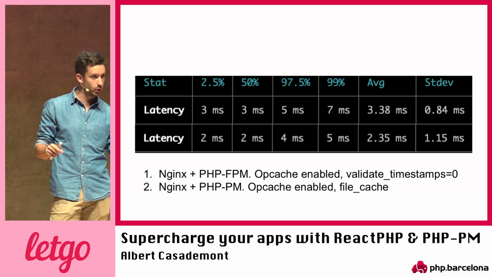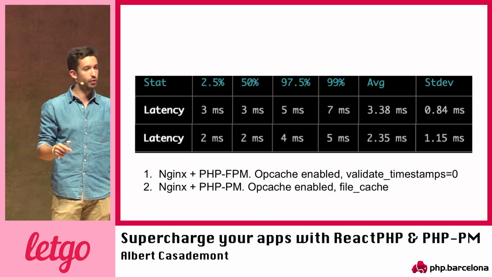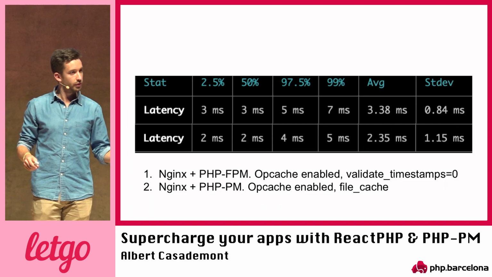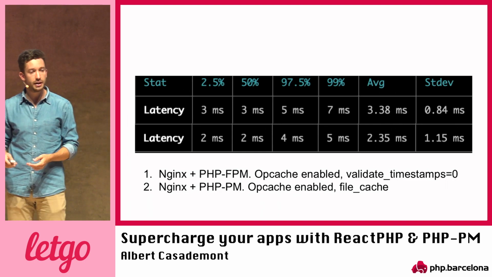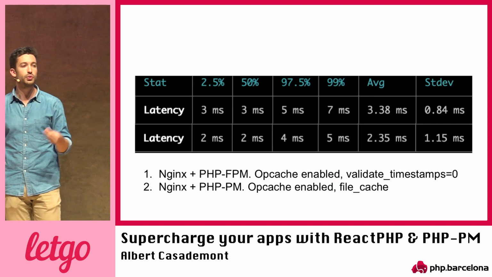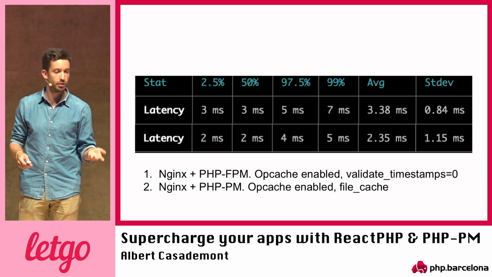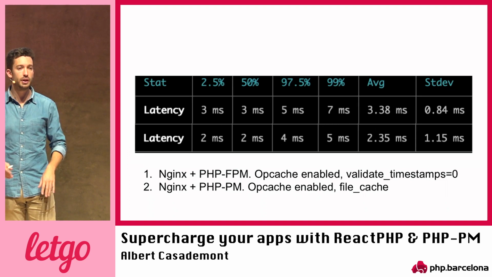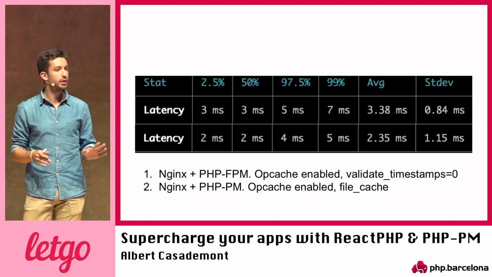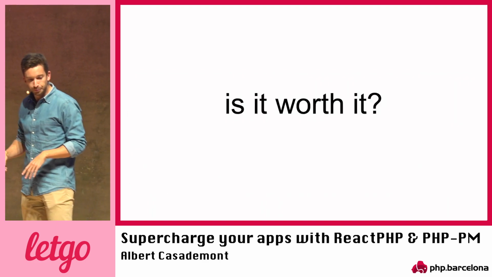It's actually a full HTTP request back and forth. So it's faster, not a lot faster, but I think it's an interesting gain. If you're using Laravel or Symfony, it's really easy to try out. It's a matter of switching PHP-FPM with PHP-PM, and it will kind of work out of the box, okay?